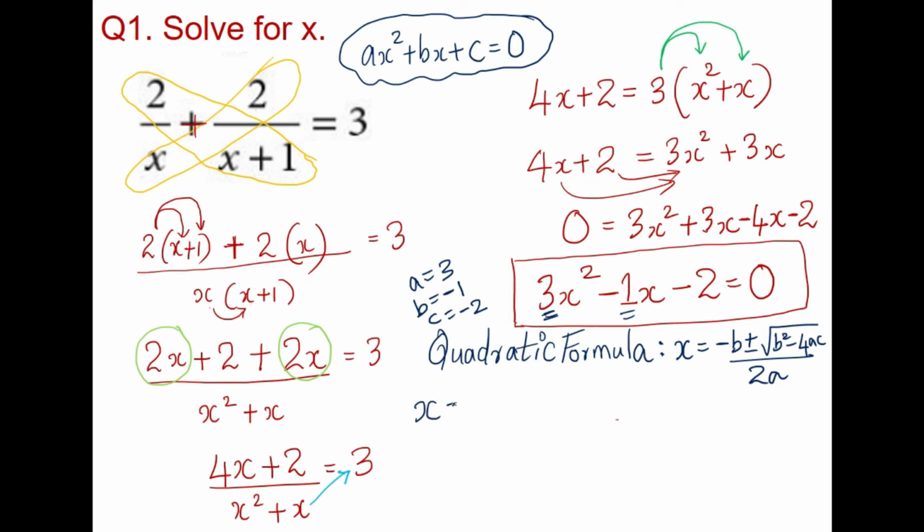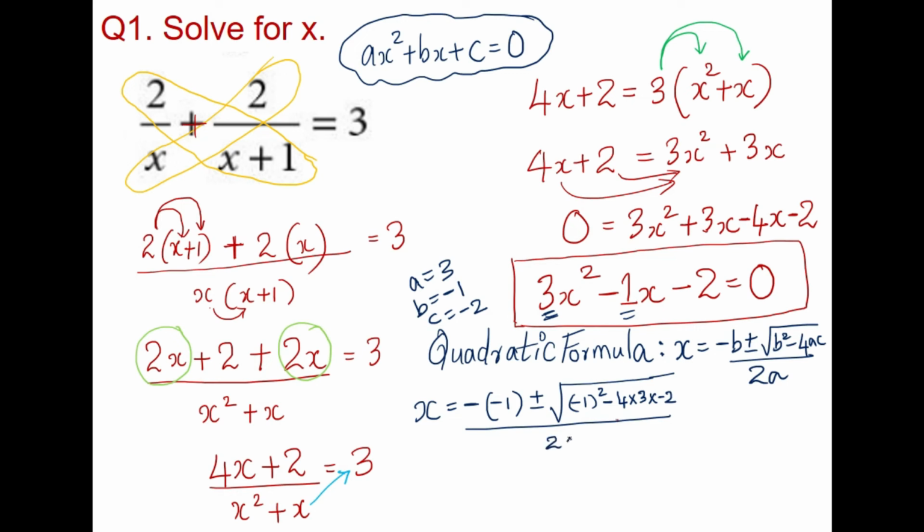Substituting the values into the equation, minus b, so my b is minus 1 here, plus or minus square root of b squared, so negative 1 squared, minus 4 times 3 times negative 2. So this is my ac. a is 3 and c is negative 2.